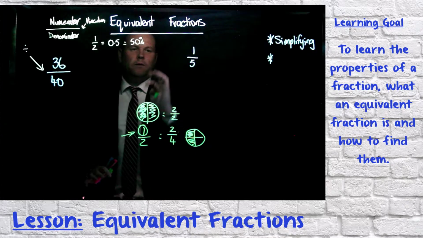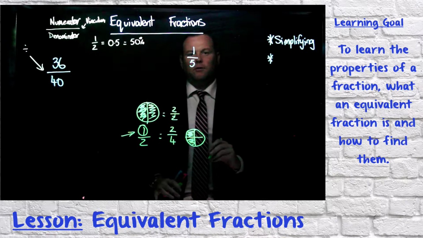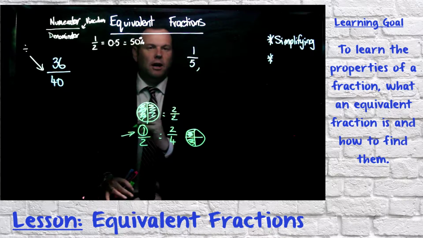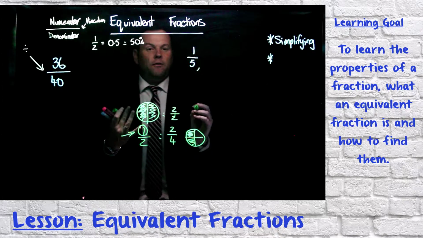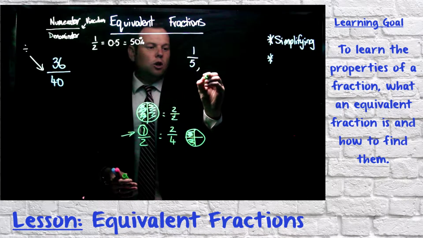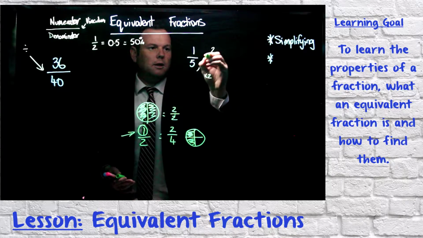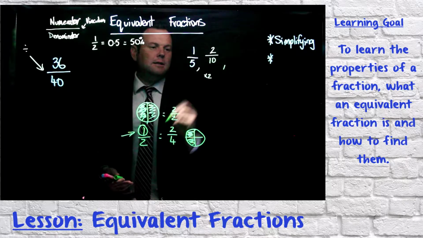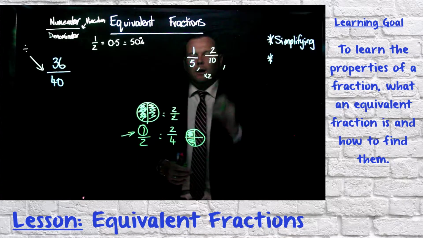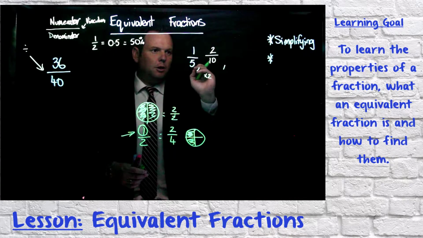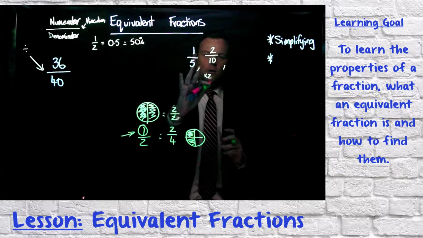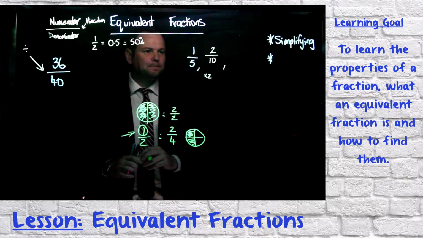Now, when we're finding equivalent fractions, and we're going to find some equivalent fractions for 1/5, the first thing that you would do is you would times 1/5 by 2, the top and the bottom, and that would give us 2/10. Now that is an equivalent fraction. Now, if you were going to find the next equivalent fraction for 1/5, what would it be?